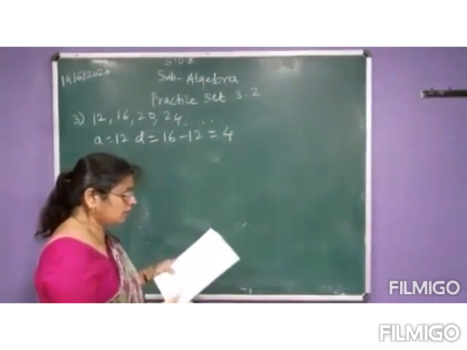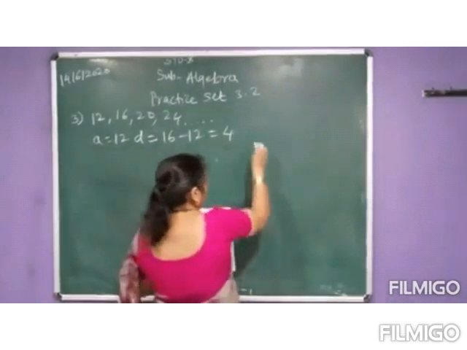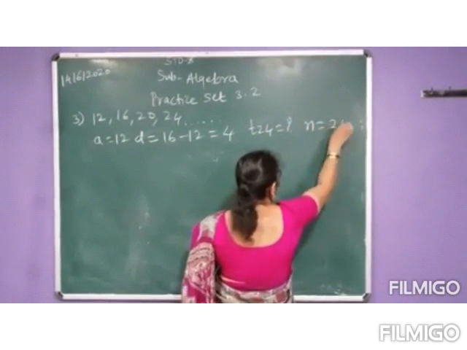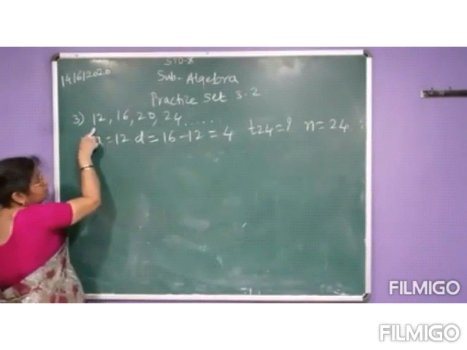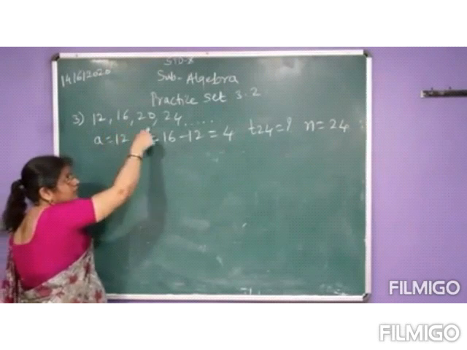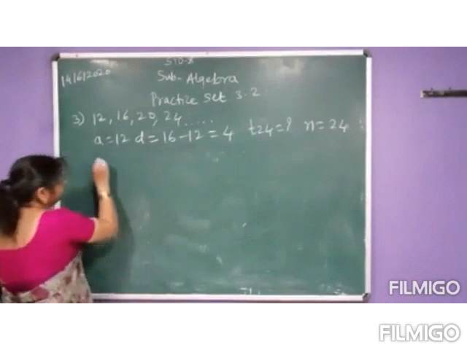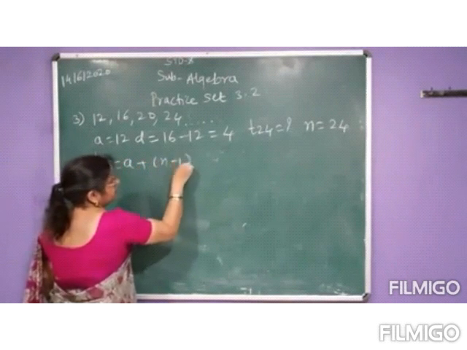So D you got as 4. Then T24 you have to find out, so N is equal to 24. This D you can find out by writing T1 is 12, T2, T3, and so on. Tn is equal to A plus N minus 1 into D.